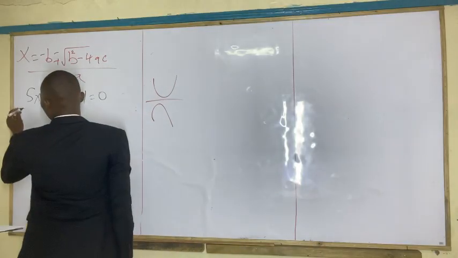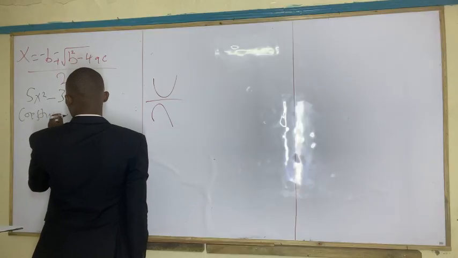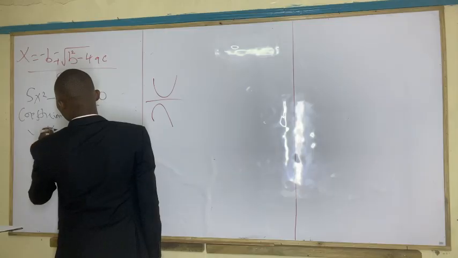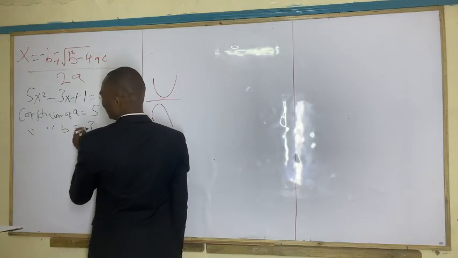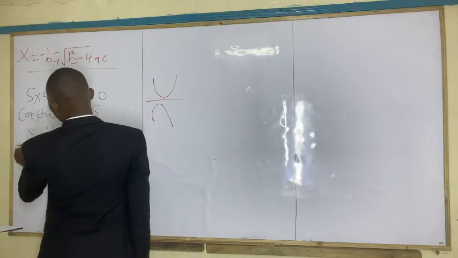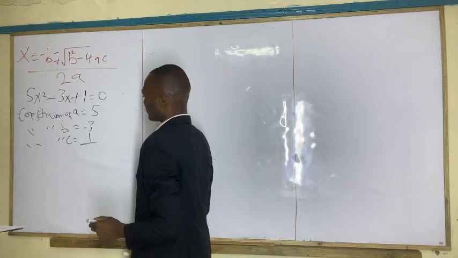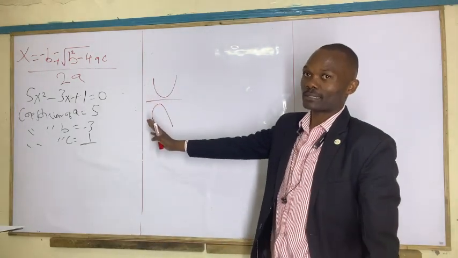In other words, coefficient of A is equals to 5. Coefficient of B is equals to negative 3. Coefficient of C is equals to 1. So once we do it this way, we are able to understand it.